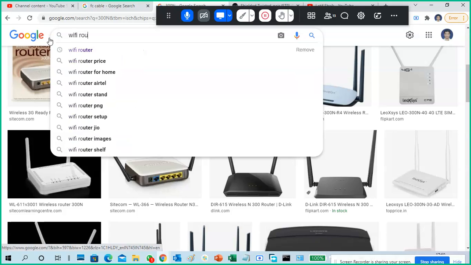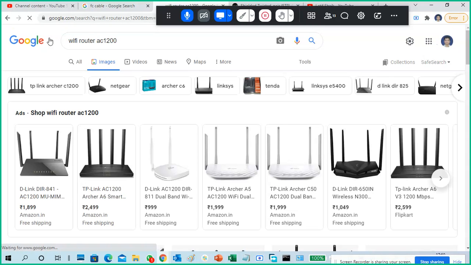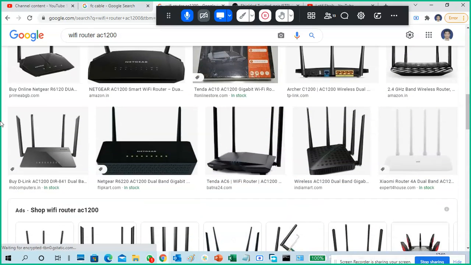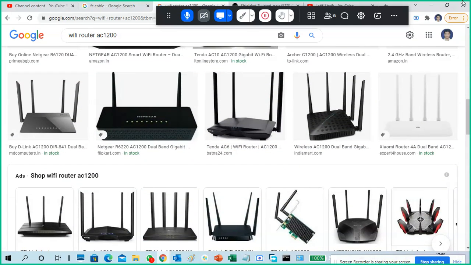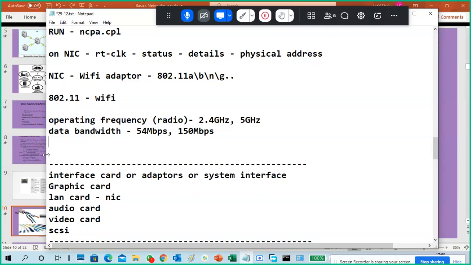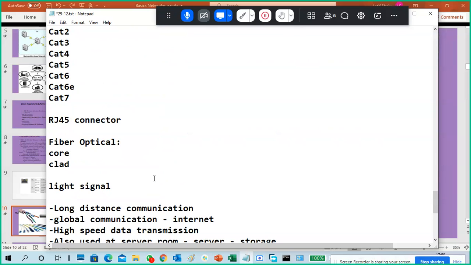Wi-Fi router AC 1200, we can look at that one. Both have different dual bands, and the speed is also different. Compulsory check what the speed is. We'll go to that point later, because otherwise it will mix up.